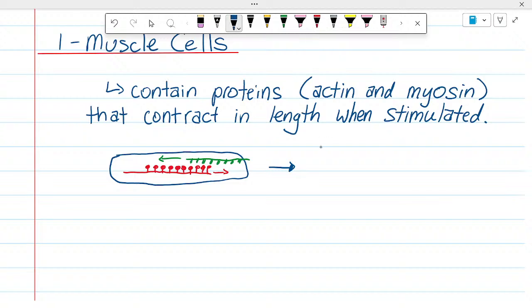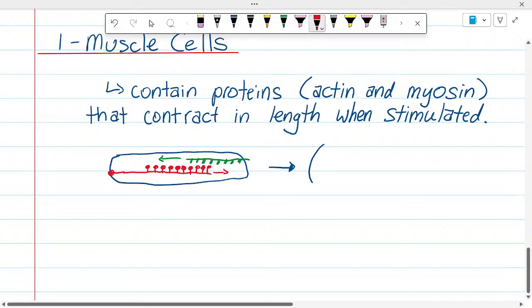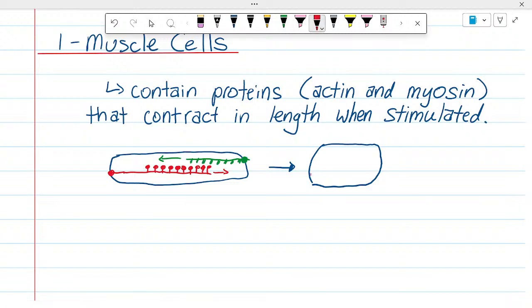And when they do that, for that to happen, because they're both bound to an end of the cell, if these pull towards each other, what's going to happen to the cell? It's going to get shorter, right? What else can it do? It's got to get shorter because these things are being pulled in almost like a winch against each other.